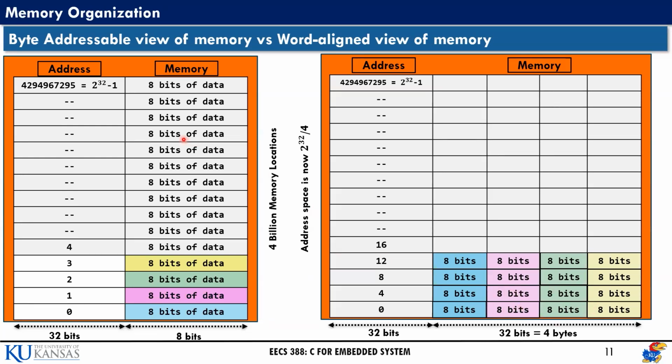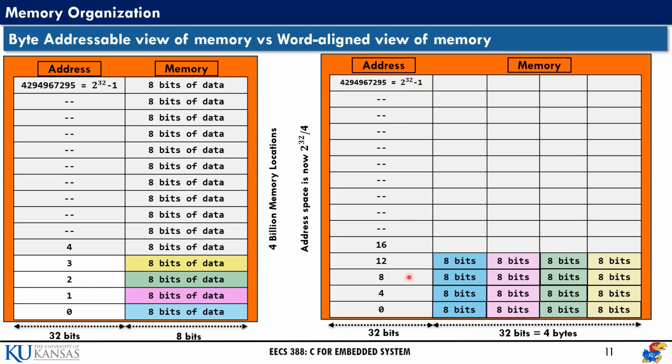So this was our byte addressable view of memory. Now we have the word aligned view of memory, and as a result, our address space is reduced by 4, because previously we had 2 to the power 32 minus 1.